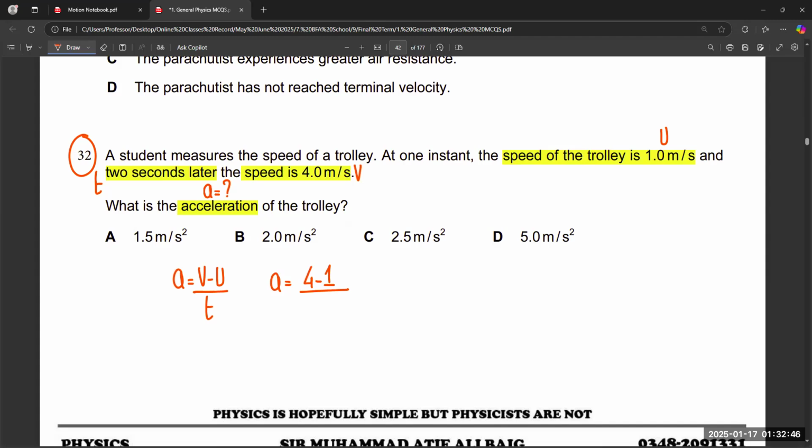It is written 2 seconds later. So 1.5 meters per second squared, option A. So option A is the right answer. Okay.